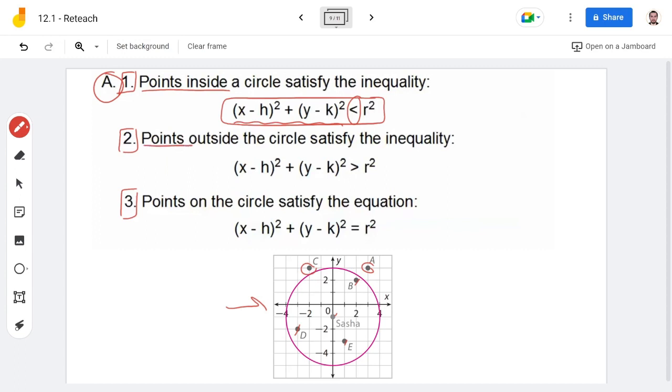When a point is outside the circle, it satisfies the inequality when the distance is greater than the radius, which is outside. Now, the point on the circle satisfies the equation when the distance is equal to the radius.